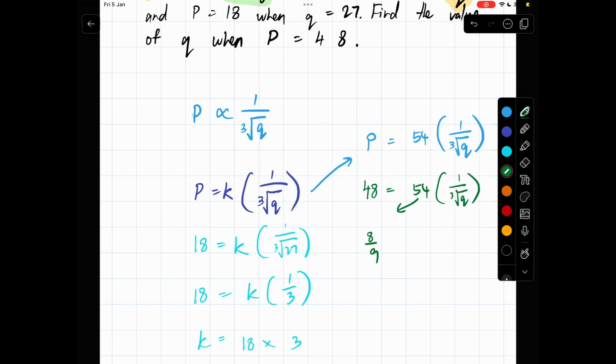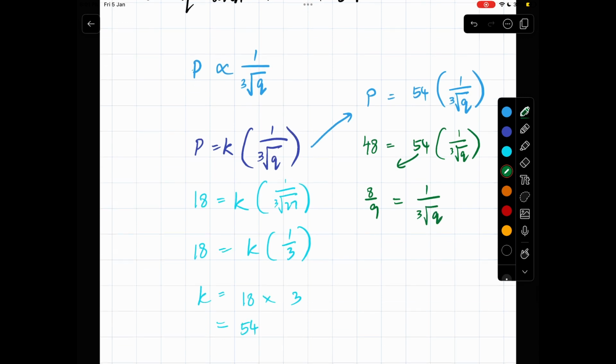This goes down here. You got 8 over 9 equals 1 over the cube root of q. So just switch up the order and you'll be able to find the value. So you have 9 over 8 equals the cube root of q.